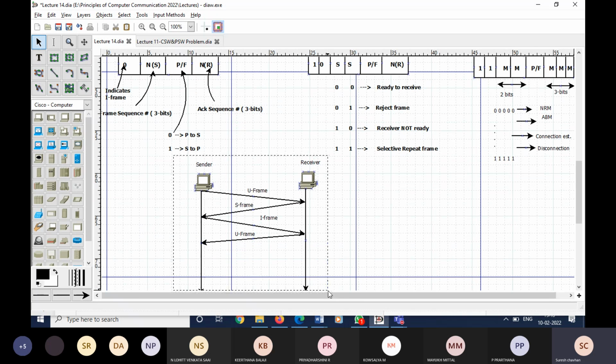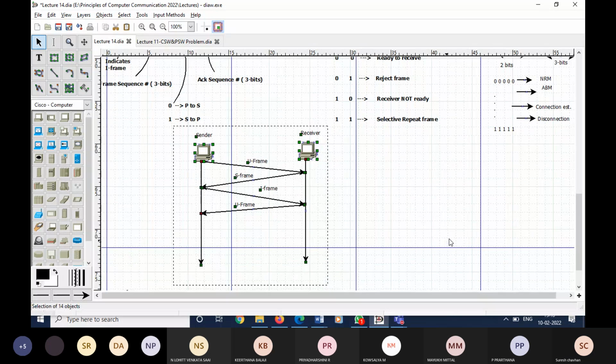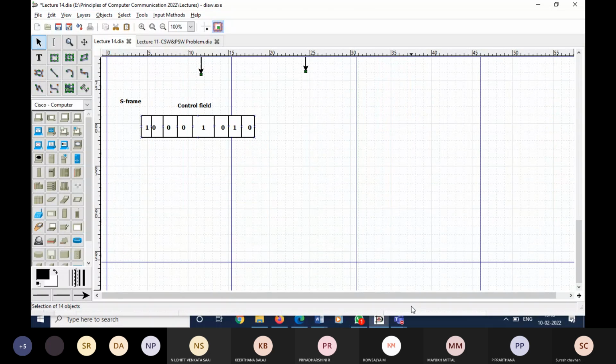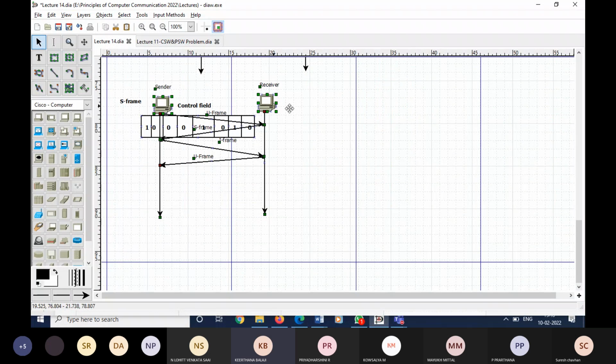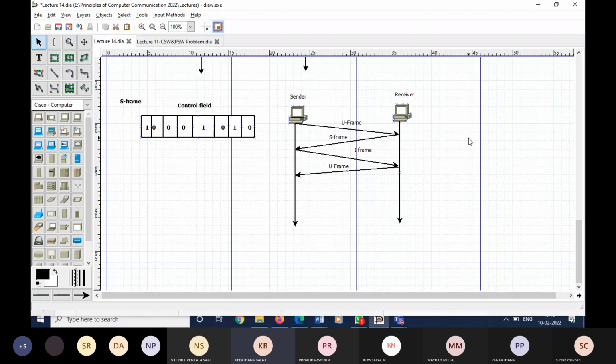Same diagram we will take. Student: Sir, I'm not sure, but is the receiver telling that it's ready to receive the next frame? Yeah, good. It is ready to receive. The second one, you said the receiver, because here it is a 1, so that's the receiver.